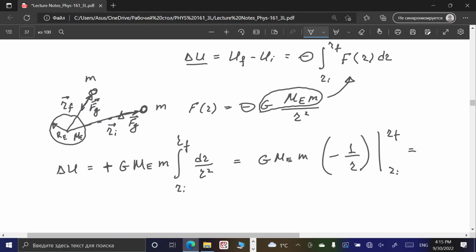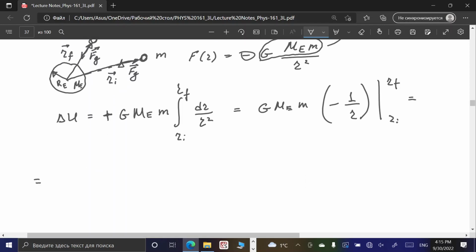So now we can write that change in potential energy will be minus g times m e times m, and here we have 1 over r final minus 1 over r initial.